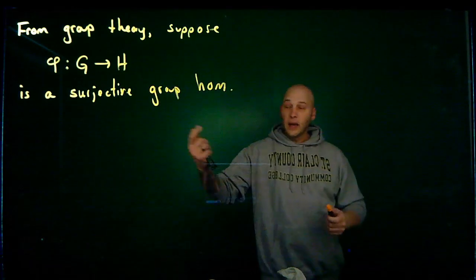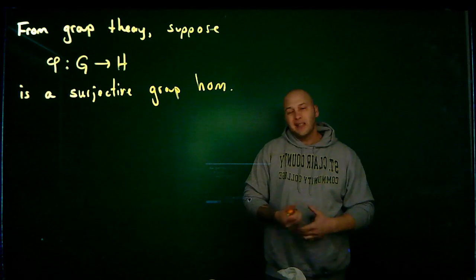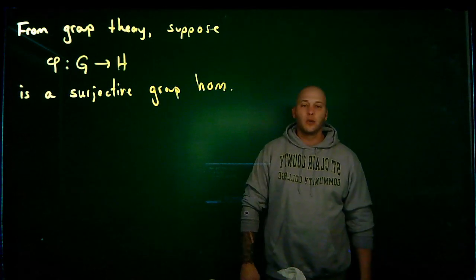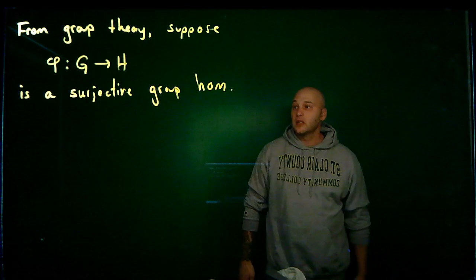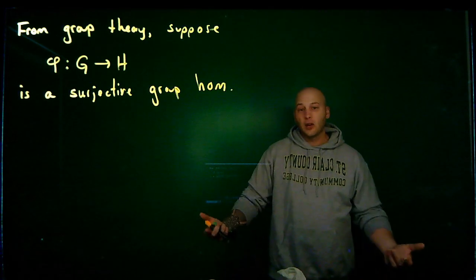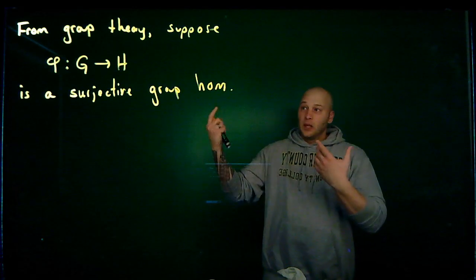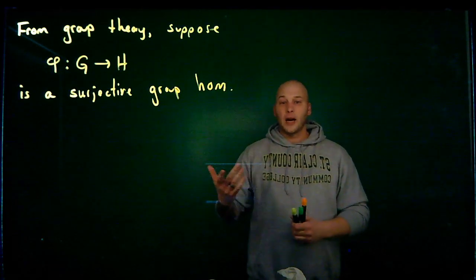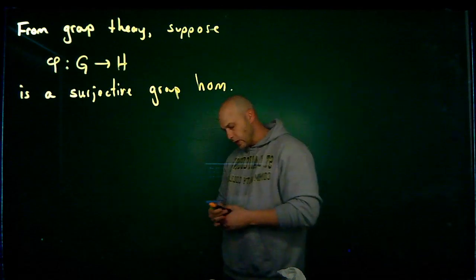Now, even if this is an isomorphism, the following will still be satisfied. But in the case where this is not an isomorphism, how can I create an isomorphism? In other words, what I have to do is somehow get an injection from something related to G to H.